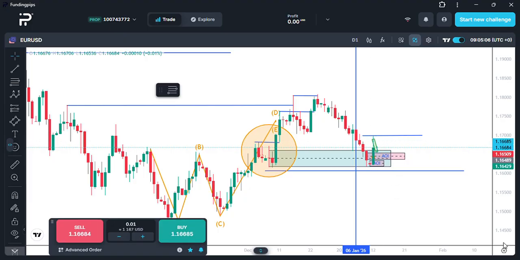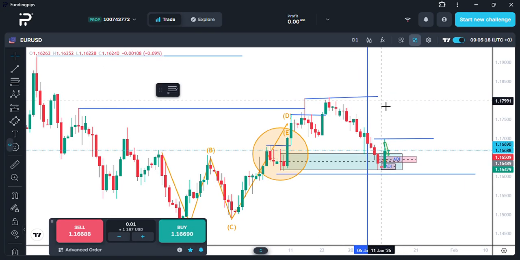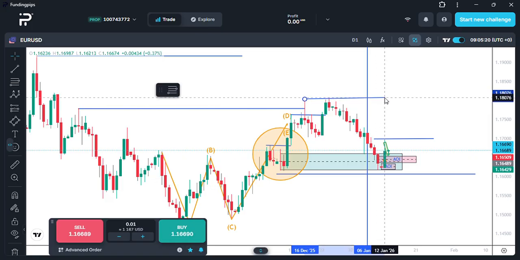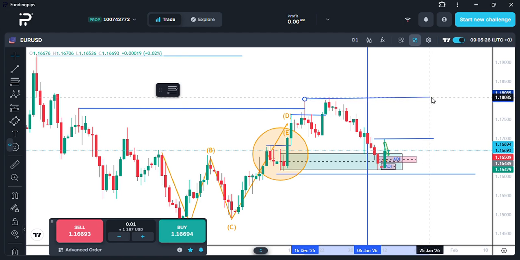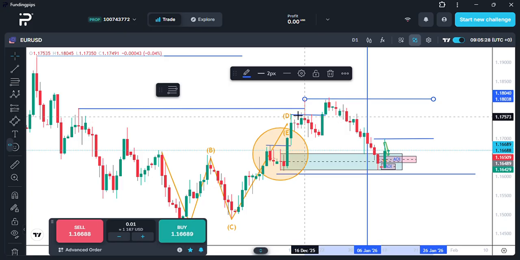So if we see a reaction here and we buy into this week and there are any inefficiencies, we are going to wait for the imbalance and keep buying until we get to this point here, because this was the last market maker model where the market swept liquidity and had a reversal. The market had to sweep liquidity here, then had this move right down here, and the market is reacting around here.